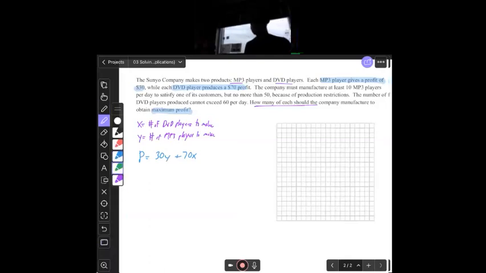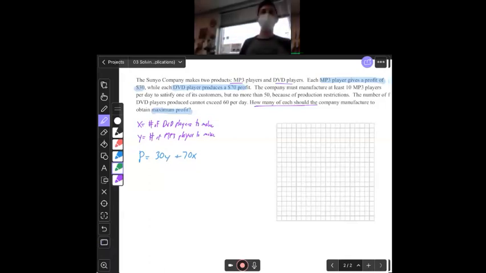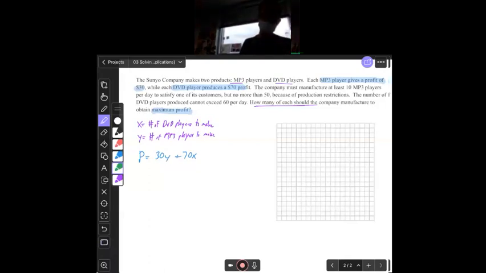We need to talk about our constraints. Like what are the limits on them? Why don't they just make all sorts of stuff and make all sorts of money then? They can only make their maximums. 50 what? Okay.